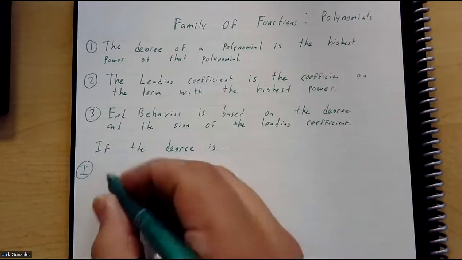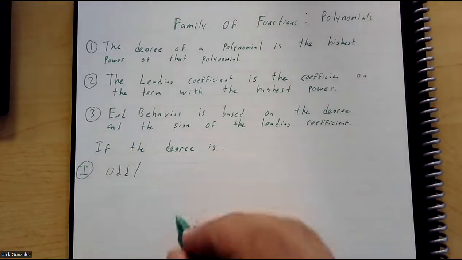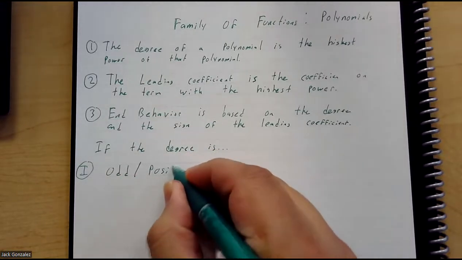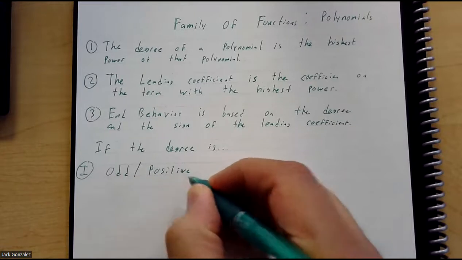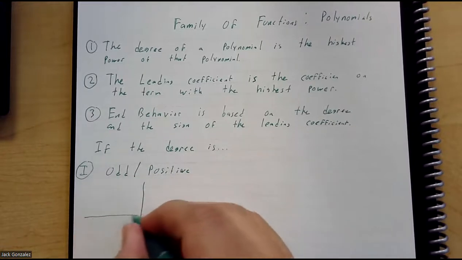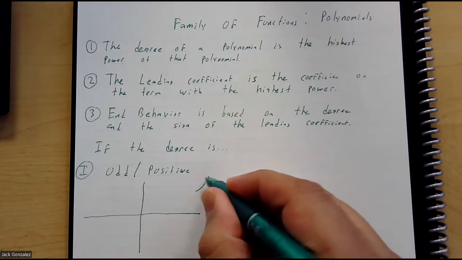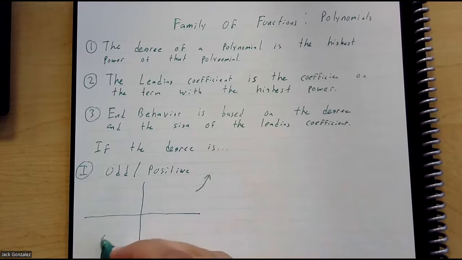So if it is odd and positive, it's going to look like this. Again, this is the end behavior, not the whole function. At the very end, it'll be going up on the right, down on the left. It could be shifted upward, but at the end, it'll be doing that.